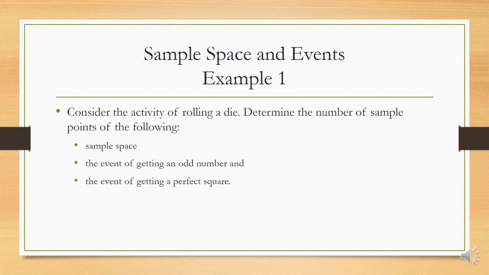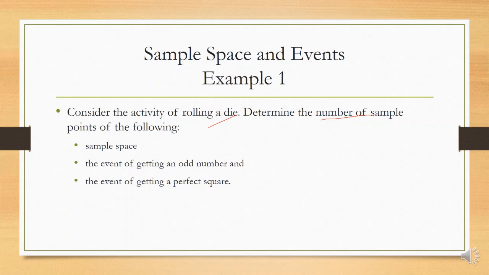Let's have example number 1. Consider the activity of rolling a die. When we say a die, it's just one piece of the pair of dice. Now, we are asked to determine the number of sample points. But before we can do that, we have to list down the elements of our sample space.